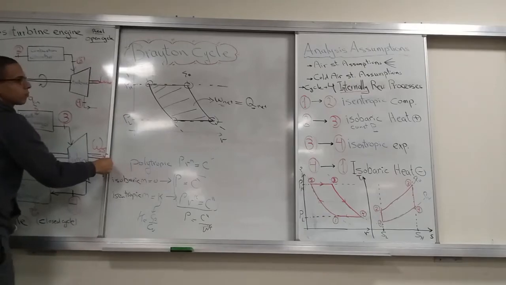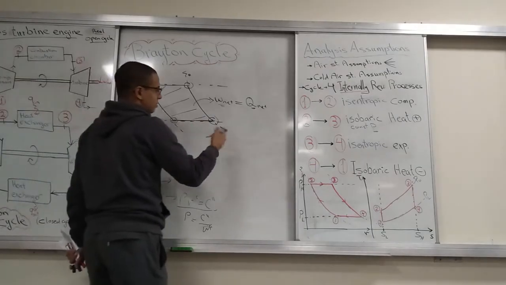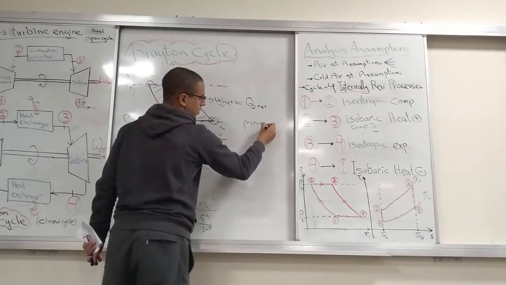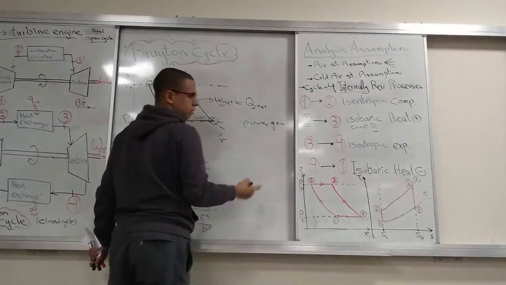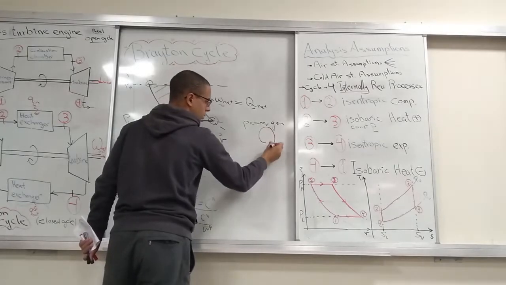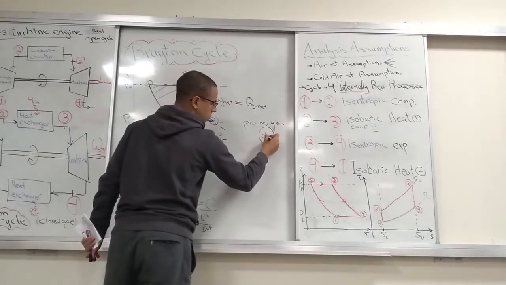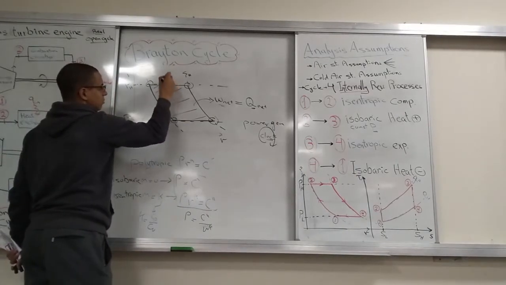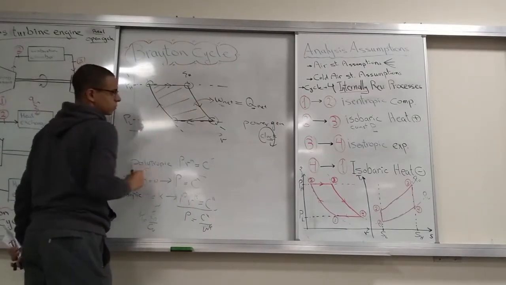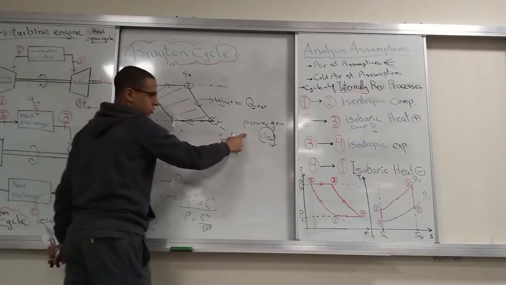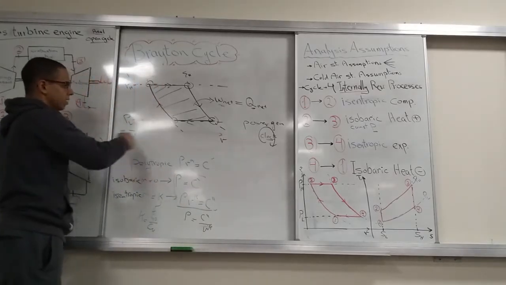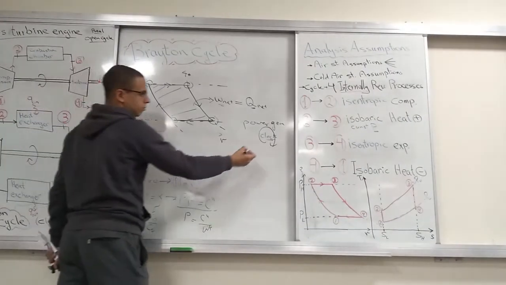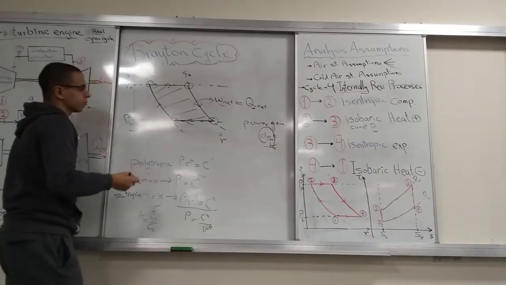Another notice is that most of the power generating cycles are operated clockwise. So we already knew that this cycle takes place like this. All these notes are useful to make your drawing fast, and it's all based on basic thermodynamic principles.